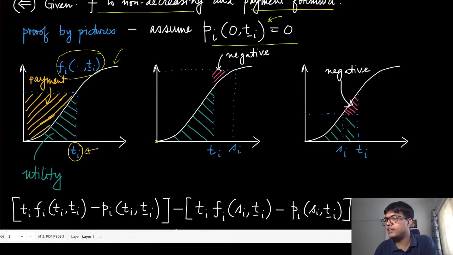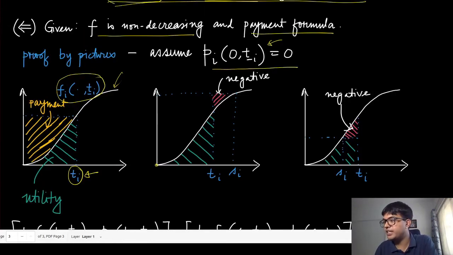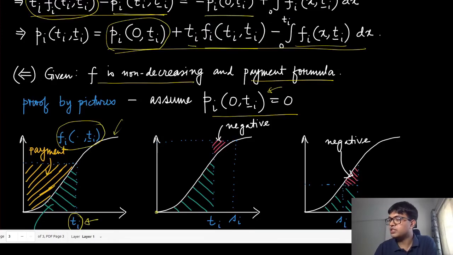If it reports that, then what is the payment that it is making? The first term of this payment formula is ti times fi(ti), which is nothing but the area of this entire rectangle here. Then you are subtracting out the integral from 0 to ti of that allocation, so we are integrating out this green part from it.